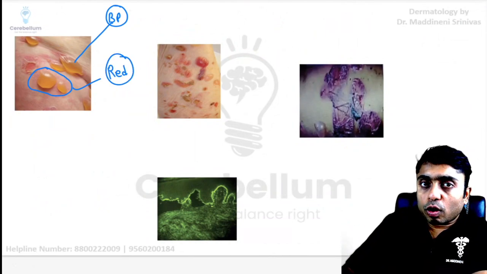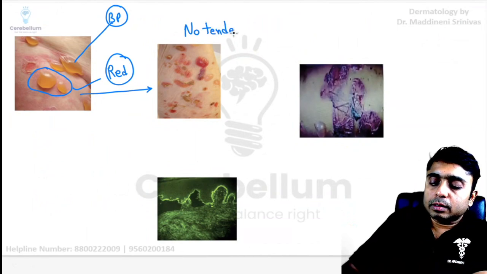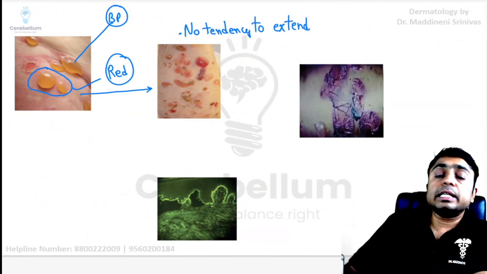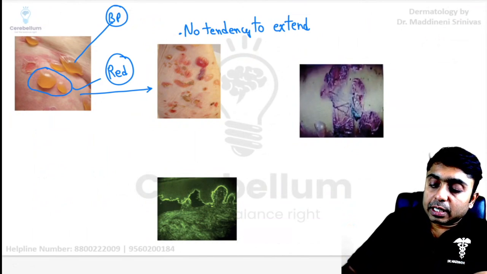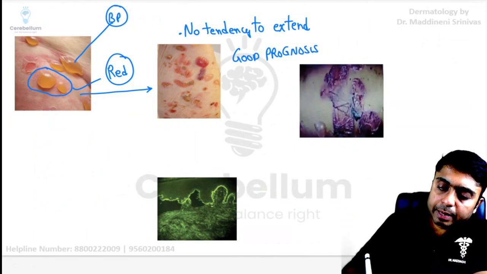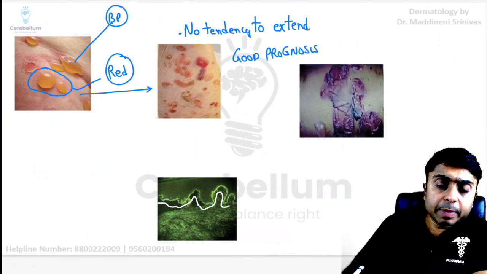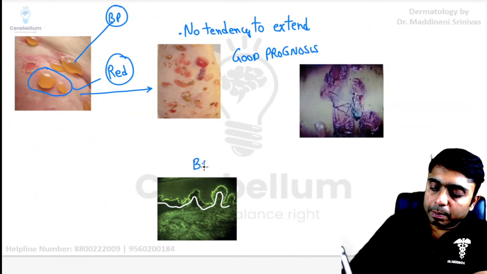The lesions are going to rupture and leave behind hypo or hyperpigmentation, and there is no tendency to extend, but there is a good tendency to heal. That is the reason why bullous pemphigoid patients have a very good prognosis. And in this image, you are able to see a linear IgG and C3 deposition along the basement membrane zone, which is classical of again bullous pemphigoid.